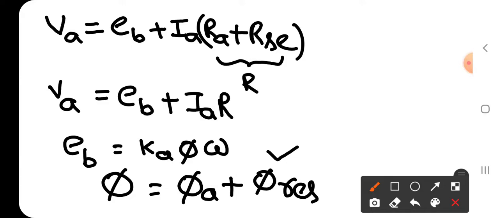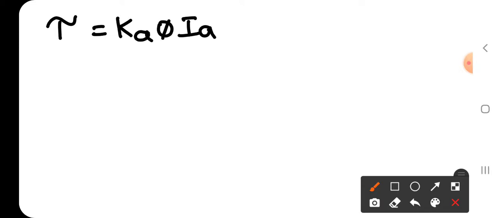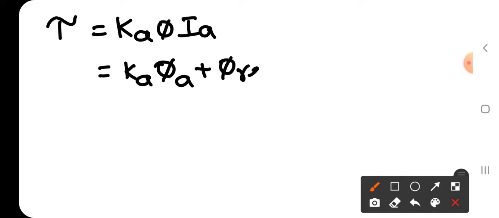Then what is the equation for the torque? Torque tau is equal to Ka phi into Ia, but we know that phi is phi A plus phi RES, into Ia.